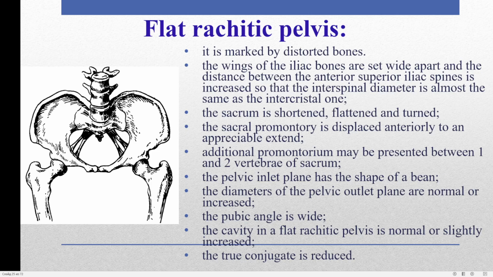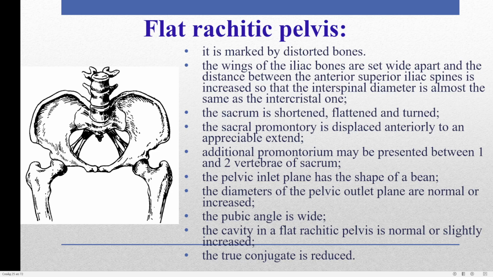The sacrum is shortened, flattened, and turned. The sacral promontory is displaced anteriorly to an appreciable extent. An additional promontorium may be present between the first and second vertebrae of the sacrum.